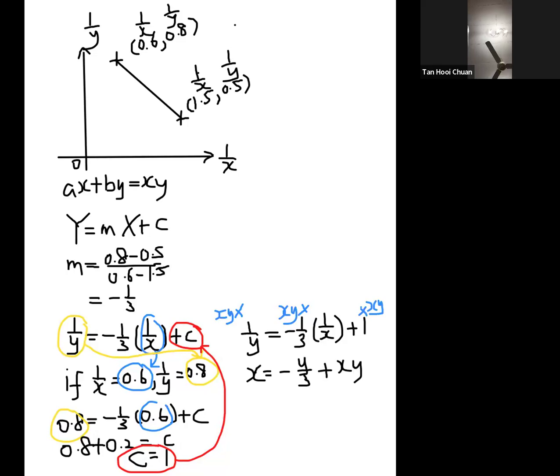So later, x plus y over 3 equal to xy. So we compare this one with your ax plus by equal to xy. I think immediately you know a is 1, b is 1/3.